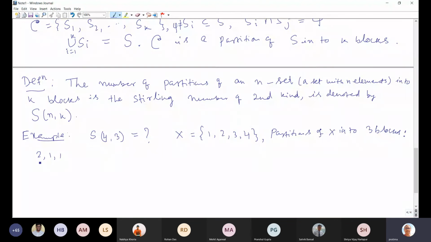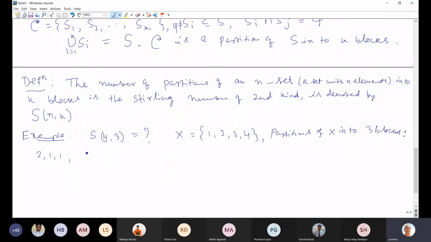These are the block sizes. So block sizes will be 2, 1, 1 only. We cannot take 3 elements in any block, as a total of 4 elements are there. A block can have at most 2 elements, and all 1s we also cannot take, because with that only 3 blocks are there and 4 elements in total. So block sizes are 2, 1, 1 only.